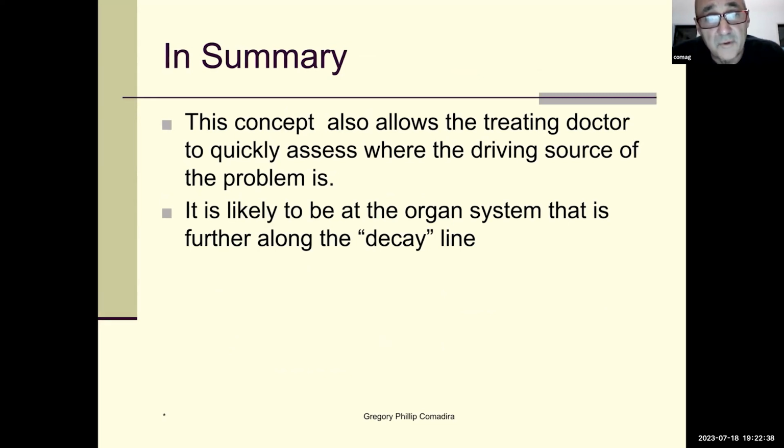The concept, therefore, allows you to assess how bad the problem is and where the problem is, because if something is further along that decay line, it is very likely that organ is affected more than the rest, or was affected more than the rest before we got here. So let's take, for example, our diabetic patient who already has bad kidneys.